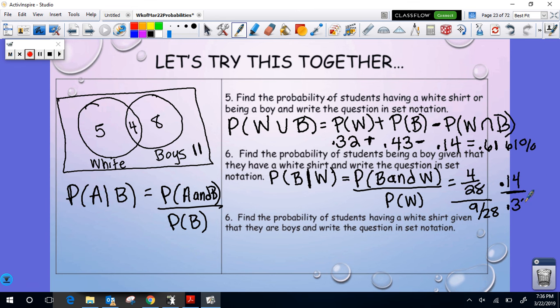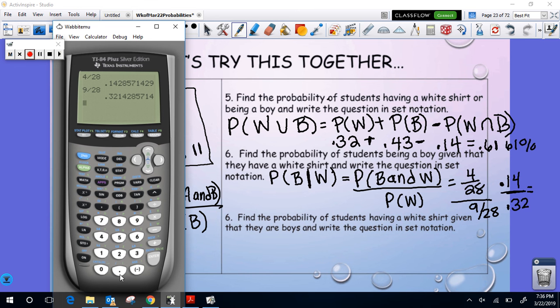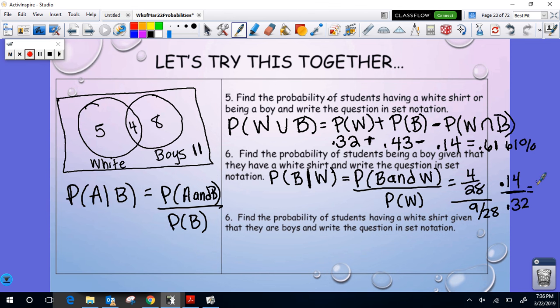So I had the wrong one at the top, and that equals 0.14 divided by 0.32 equals 44%. So the answer to this question is 44%. So 44% of the students will be a boy, given that they have a white shirt on.